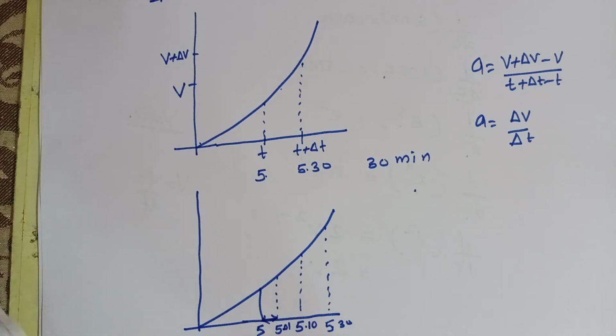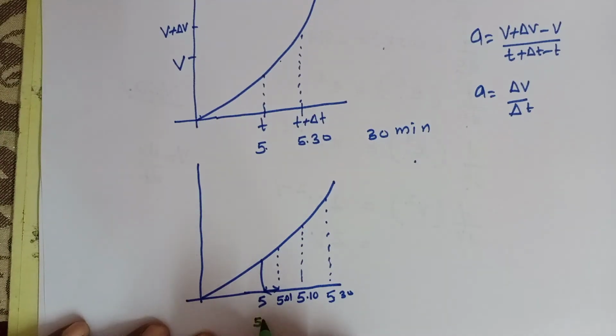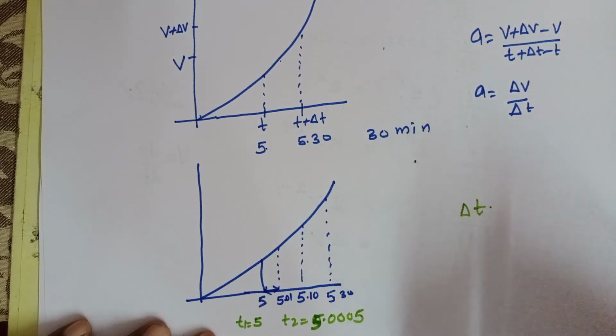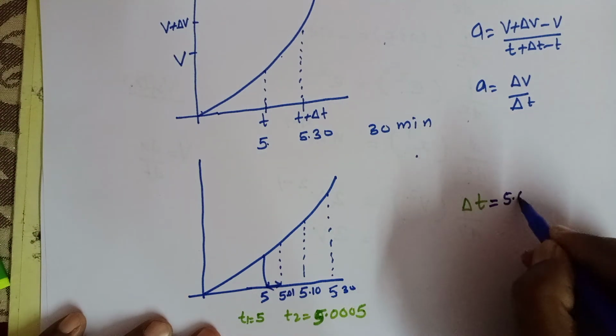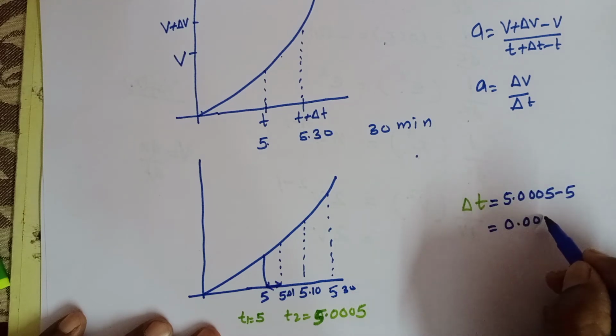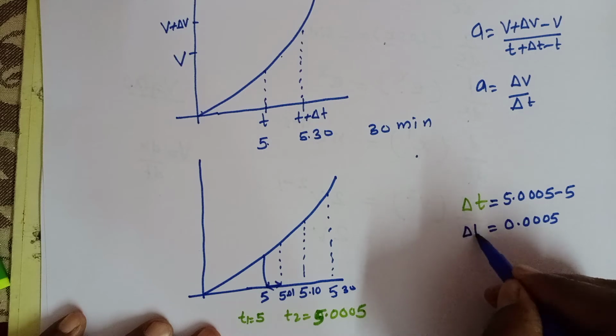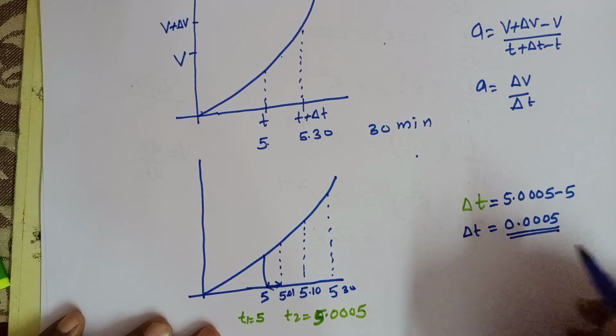Further, in differentiation, suppose t1 is 5 and t2 is 5.0005. So what will delta t be in this case? Delta t will be 5.0005 minus 5, that is 0.0005. A very small time interval, approximately equal to 0, or very close to 0, tending towards 0.